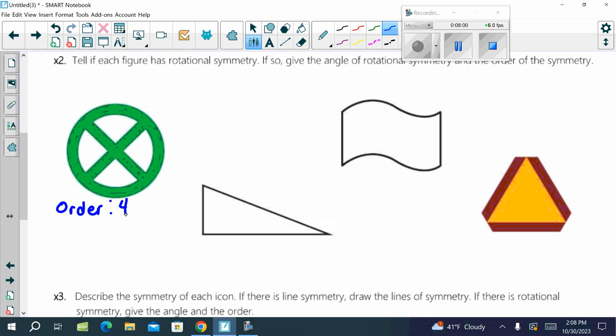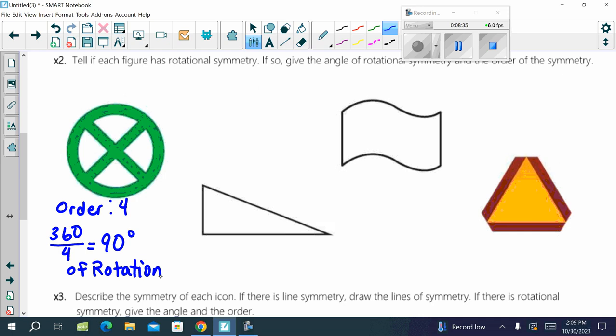If we know it can look identical 4 times, and there's 360 degrees in a full rotation, what's its angle of rotation? 90. There you go. So we would do 360 divided by that order equals 90 degrees of rotation. Any questions there?